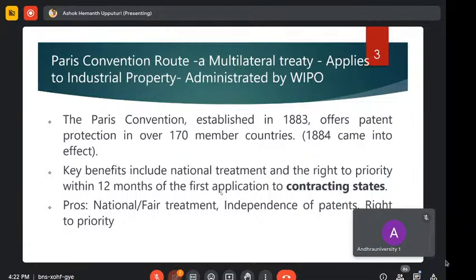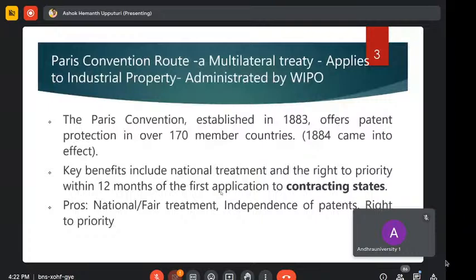As I told earlier, the Paris Convention was established in 1883. Why did this treaty come into the picture? Before 1883, in Paris, there was a fair or exhibition of inventions. Whoever came to the exhibition was really scared that their invention might be copied by others.